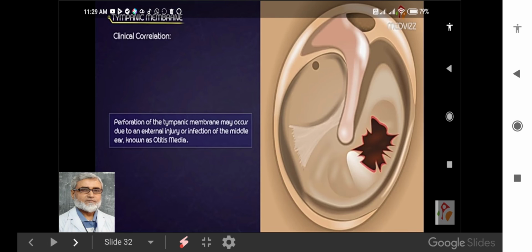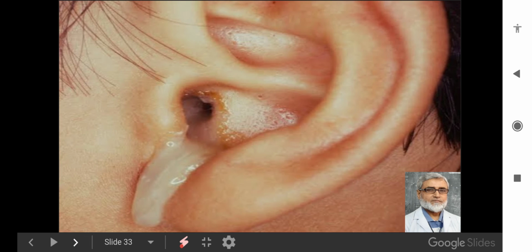And you can see the picture of chronic suppurative otitis. See here the pus discharge. This is the external auditory meatus, this is the pinna, the auricle, and see here the pus discharge. Continuous pus discharge may lead to posterior infection of the air cells of the mastoid, and usually it is a very dangerous situation.